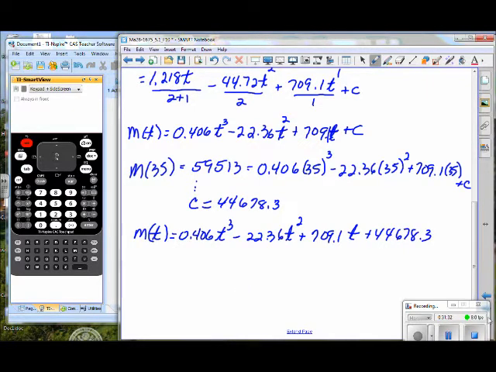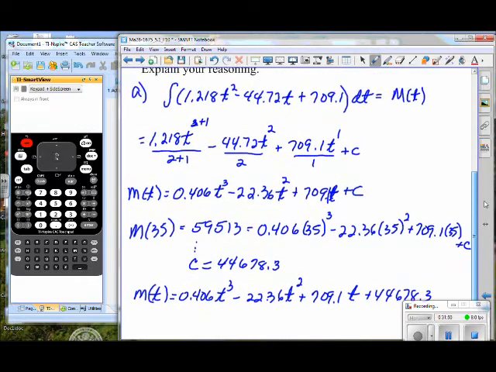Now, if we test this out and we put 35 back into our equation, we would in fact come up with our value of 59,513. Okay, that's part A.